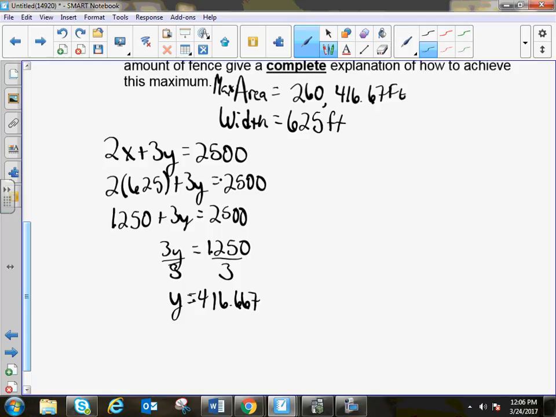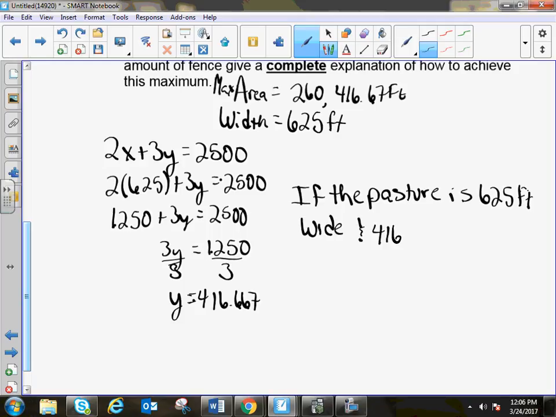So the way to finish this with a nice sentence is, the pasture is 625 feet wide and 416.667 feet long or height.